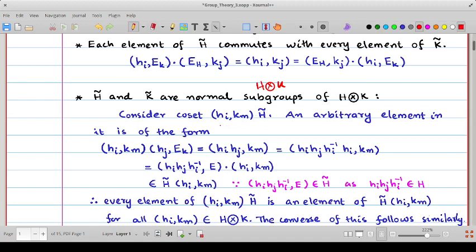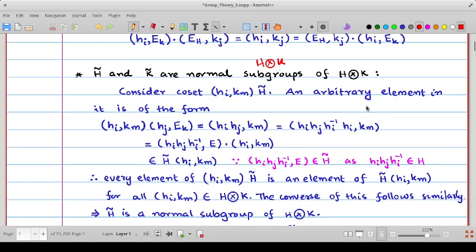And if we can show that this is also equal to the right coset of H tilde with the same element, then we can show that H tilde is a normal subgroup of H outer product K.